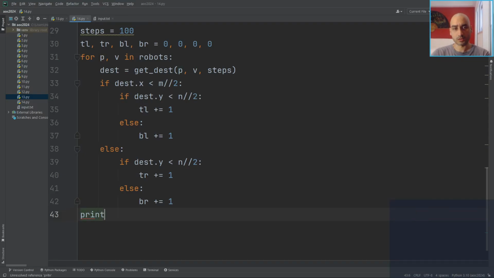Print. So the safety factor is the four multiplied together: TL times TR times BL times BR.